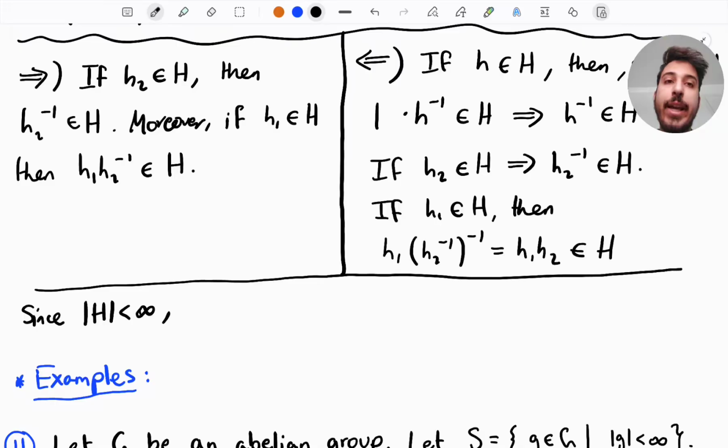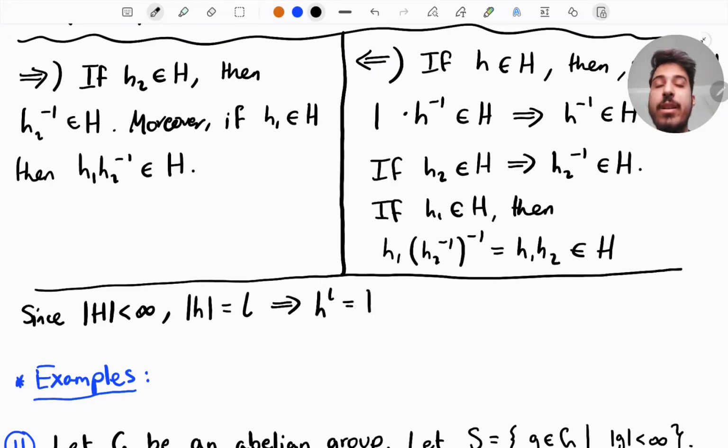Every time you multiply by h, you end up with a different element. But since H is a finite subset, eventually you'll have to return back to the identity element because it can't keep going on forever. So the order of h is some integer L, and it's not infinite. Since the order is equal to L, by definition of order, h to the L is equal to the identity.